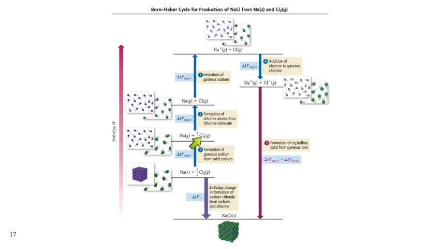And then we're going to take this chlorine molecule and break it apart into chlorine atoms, and that can be measured. And then we're going to ionize the sodium, so make it into an ion. And then we're going to make the chlorine into an ion. This one goes down because that's exothermic. All of these other steps were all positive.